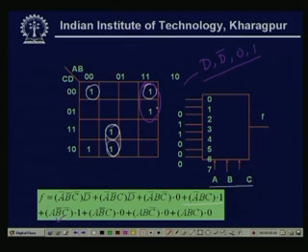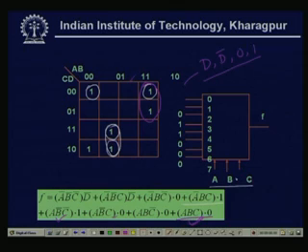A B bar C 0, this is not there, then A B C bar 0, it is not there, and A B C 0 means A B, this is my A B bar, A bar B bar. That third column is not there, third column full A B is 0. So, this term is not there.